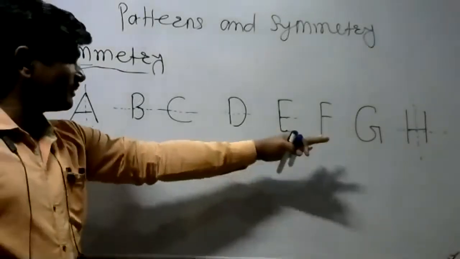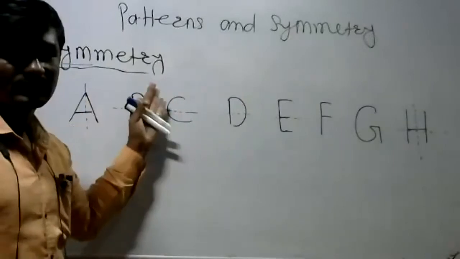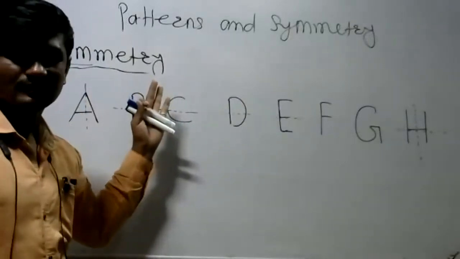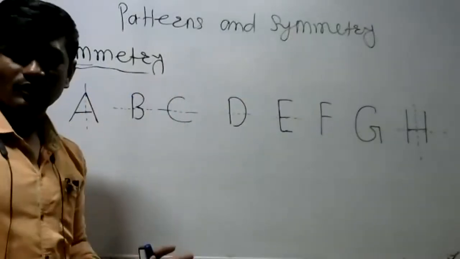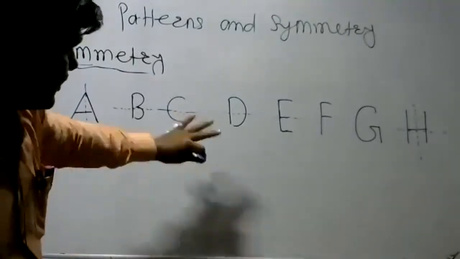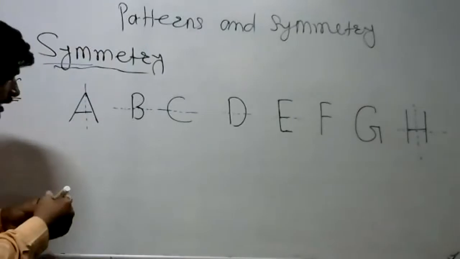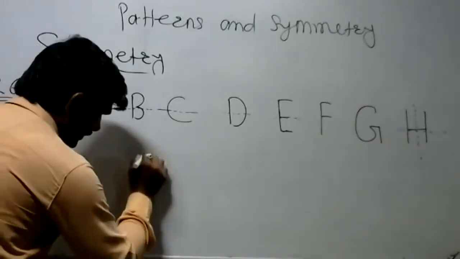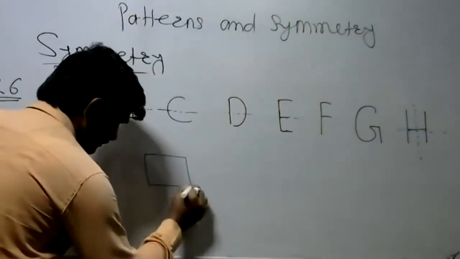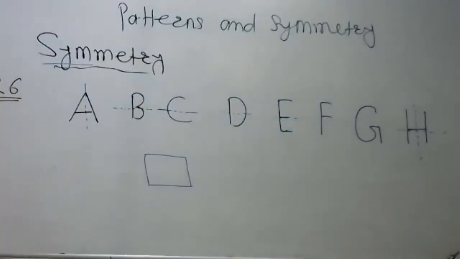I hope you understood about this symmetry. Yes? Yes or no? Suppose any diagram, it is simple. Yeah, this is the square. Square is also divided into two parts.